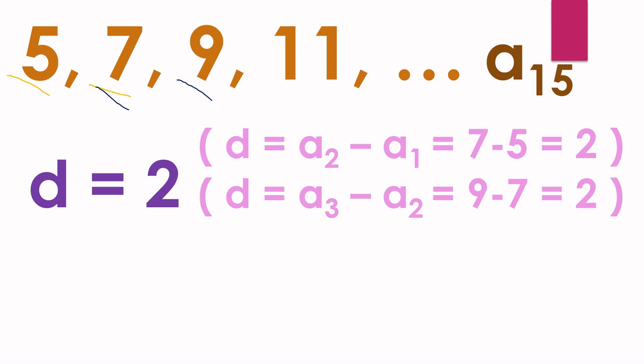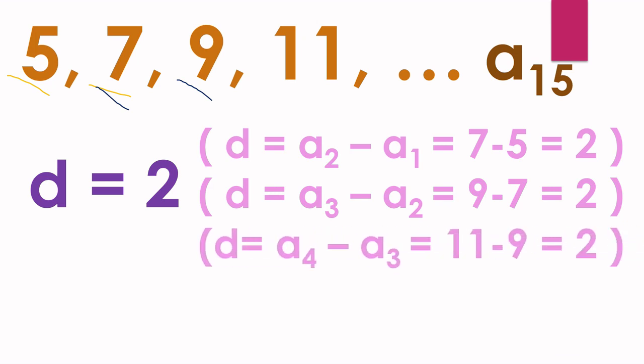To complete the checking for the common difference, a sub 4 minus a sub 3, that is equal to 11 minus 9, must also be equal to 2. If that's the case, there is a common difference. And from this sequence, the common difference is 2.